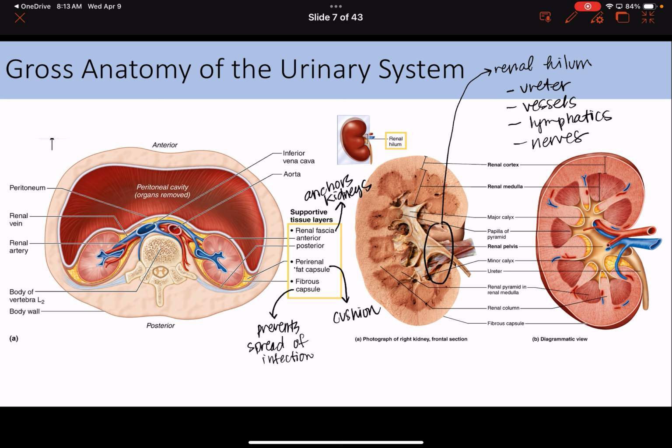So dramatic weight loss can lead to loss of the fat capsule, which can cause the kidneys to droop.